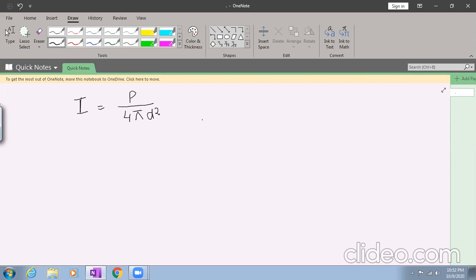Now d is distance. Here I am considering this distance d square. So light intensity is equal to 1 over d square, meaning distance squared.